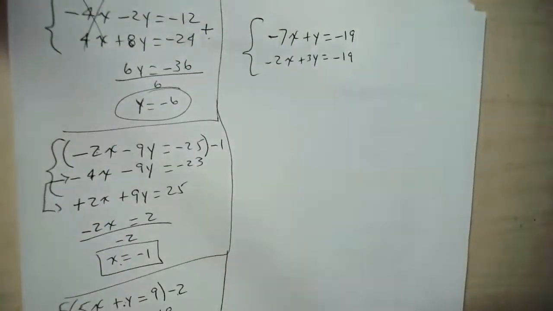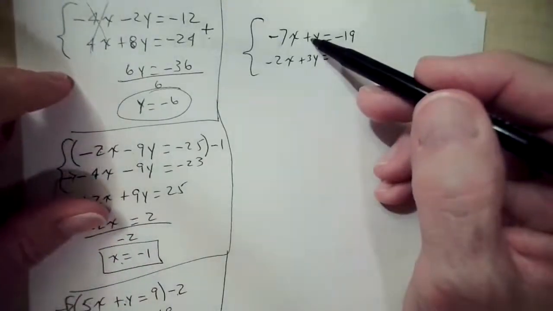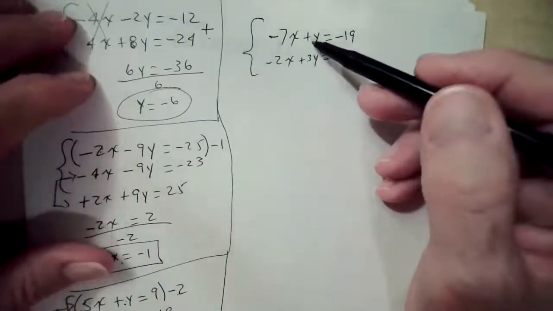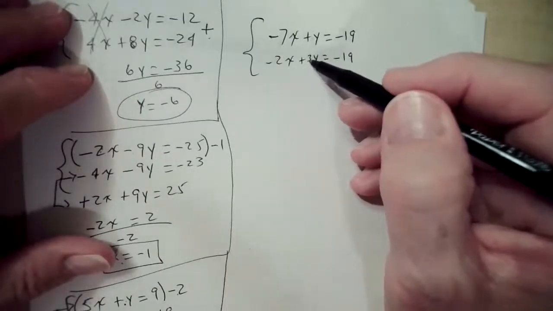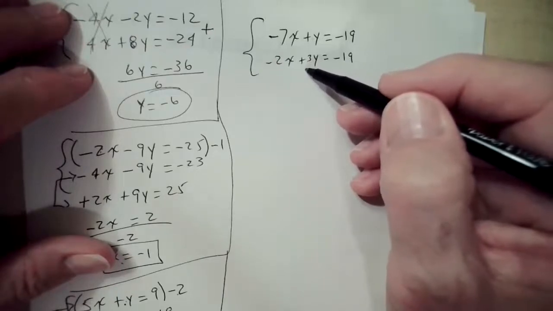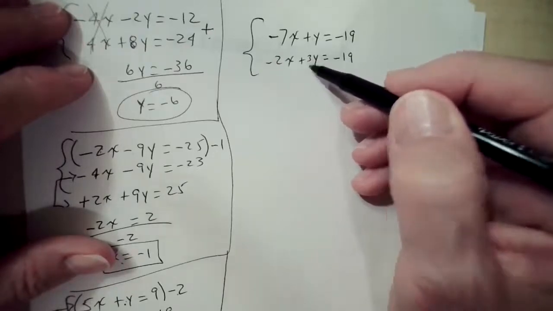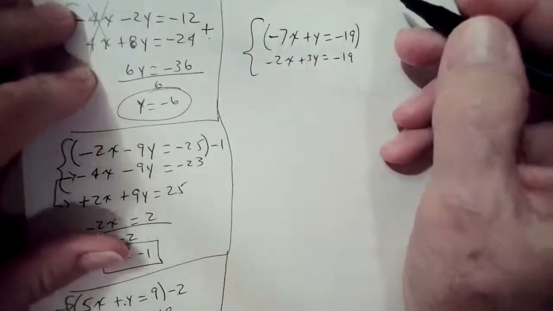Now, is 2 a factor of 7 or 7 a factor of 2? No. Now remember, the coefficient here is 1. So what can we multiply 1 by to get it to be the opposite of 3y? So what we want is negative 3y.